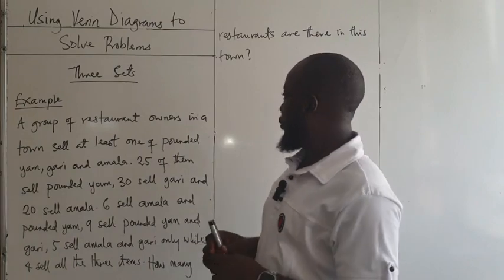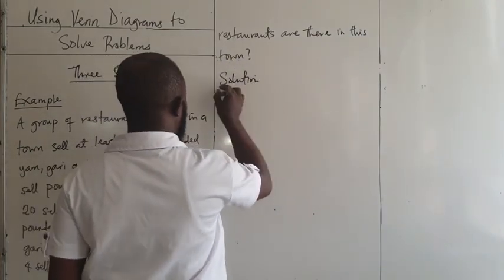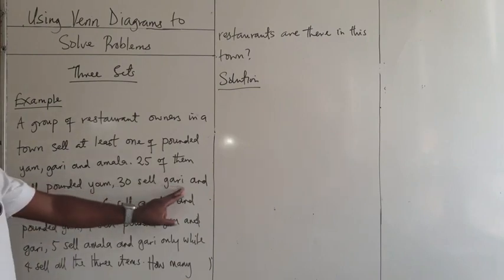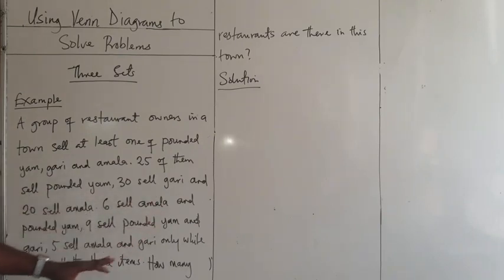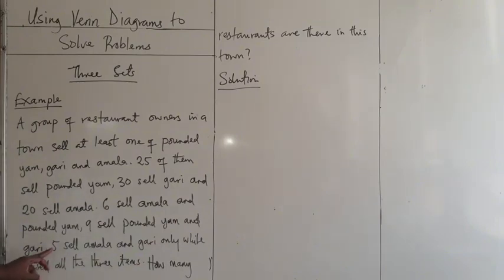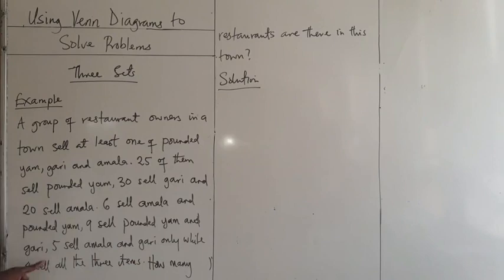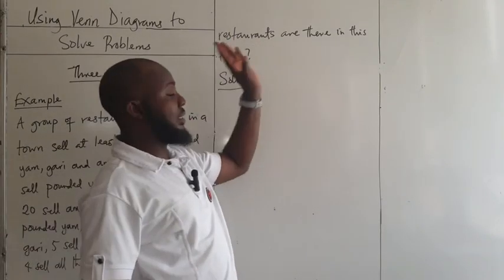That is three. 25 of them sell pounded yam, 30 sell gari, and 20 sell amala. 6 sell amala and pounded yam, 9 sell pounded yam and gari, 5 sell amala and gari only, while 4 sell all the three items. How many restaurants are there in this town?